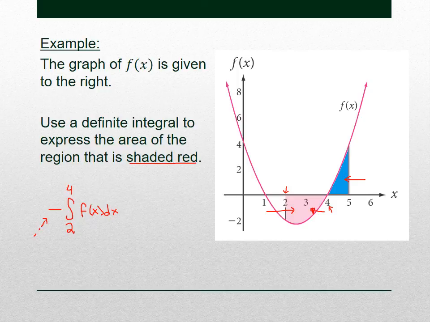If I don't have this negative sign, I'll have a negative number, and it still basically gives me that area, but it gives it to me as a negative number. So this negative sign in the front of the definite integral will just undo that negative sign and turn my negative number into a positive number.